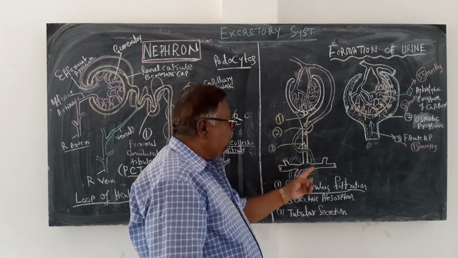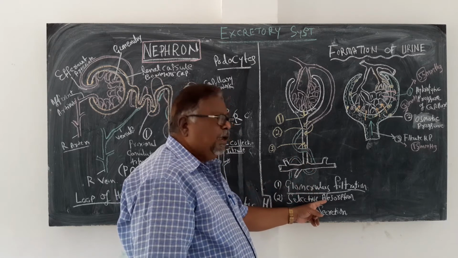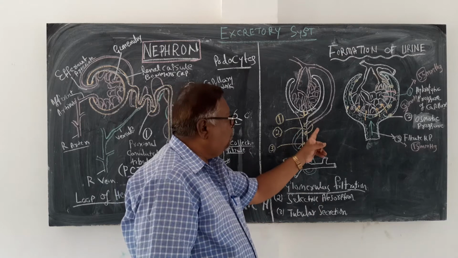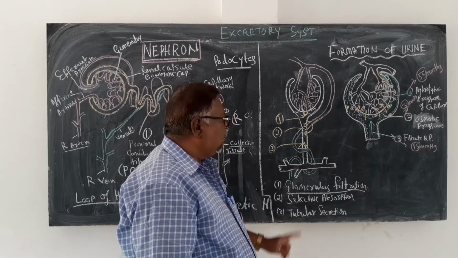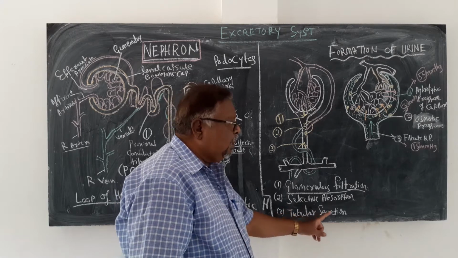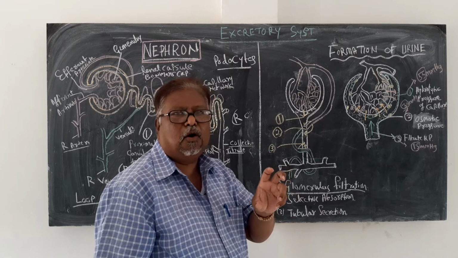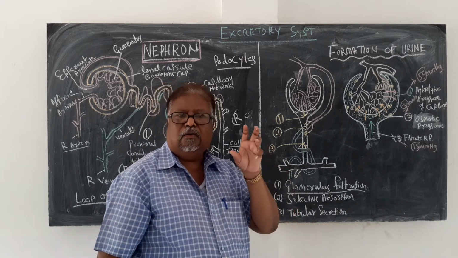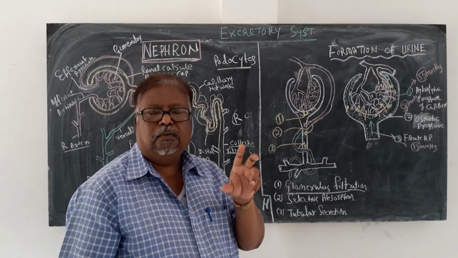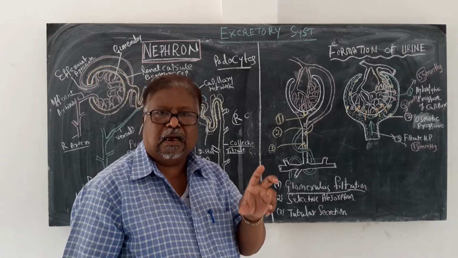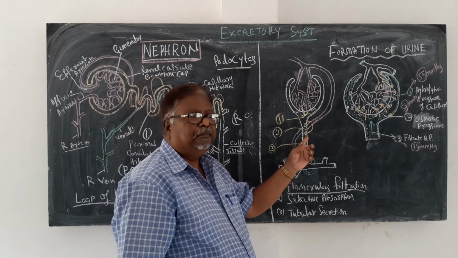These important materials which are necessary for the body are reabsorbed. They are again absorbed by the capillary network. That is called selective absorption. They select the materials which are necessary for our body or for the blood. The necessary materials are again reabsorbed by the capillary network.